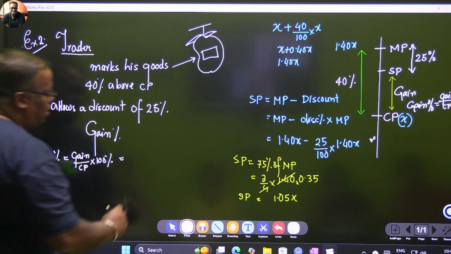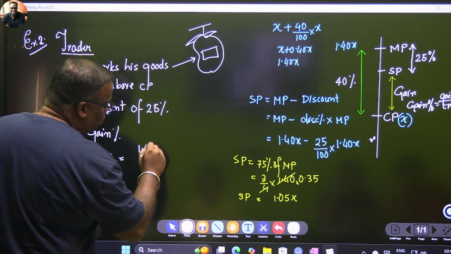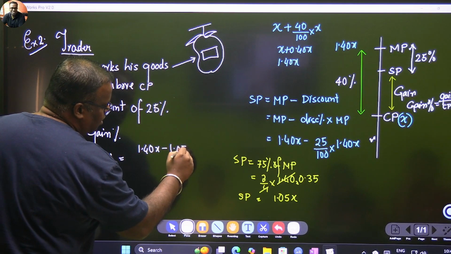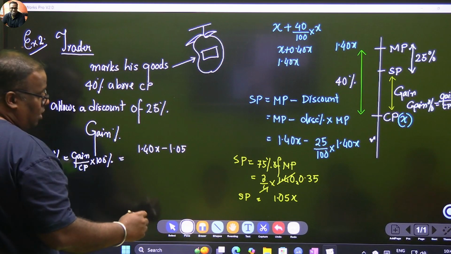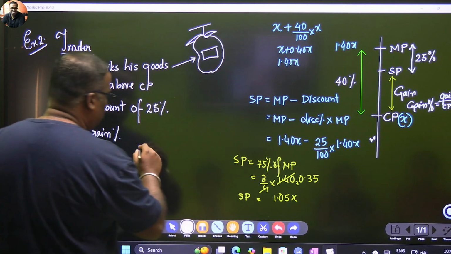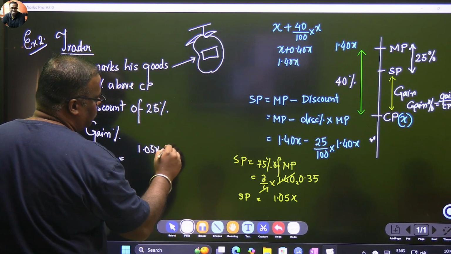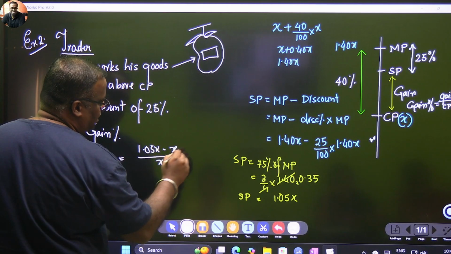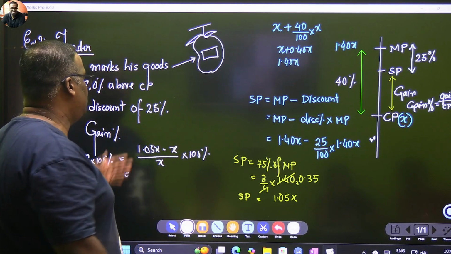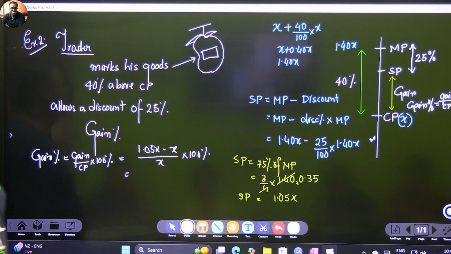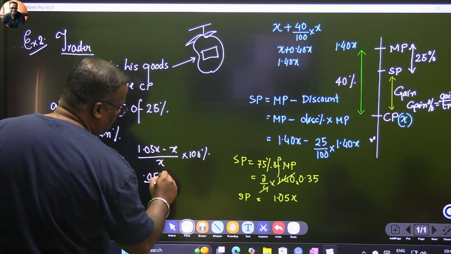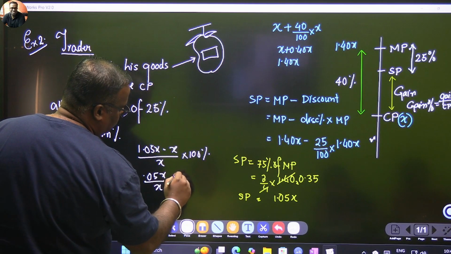So what is your gain? 1.05X minus X, divided by X, into 100%. Now all the X will cancel. 1.05 minus 1 is 0.05. So 0.05X by X into 100%.